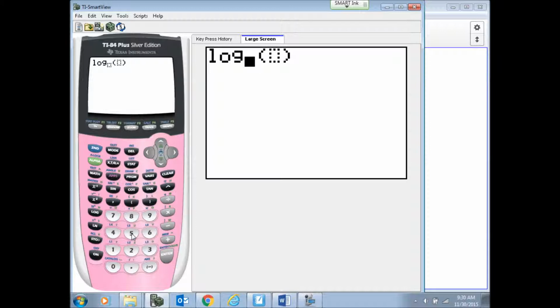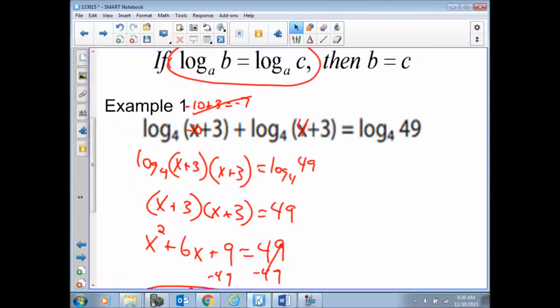All right, so what we're going to do is check our answer. Now we think our answer is 4 for x. So we have log base 4 of 4 plus 3. What's that? 7. So do log base 4 of 7 plus log base 4 of 7.